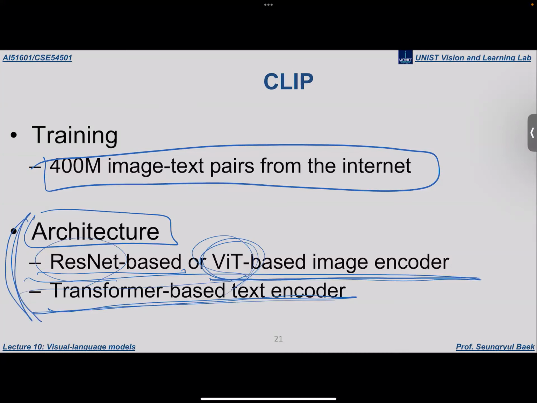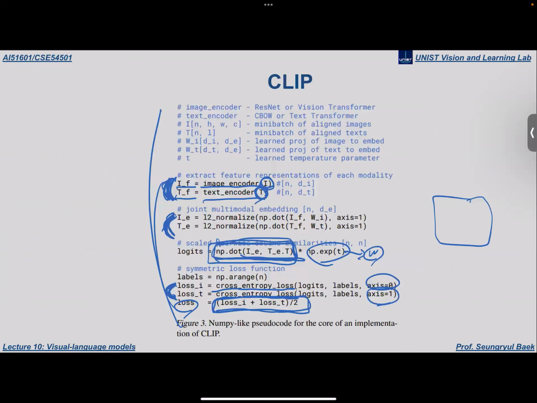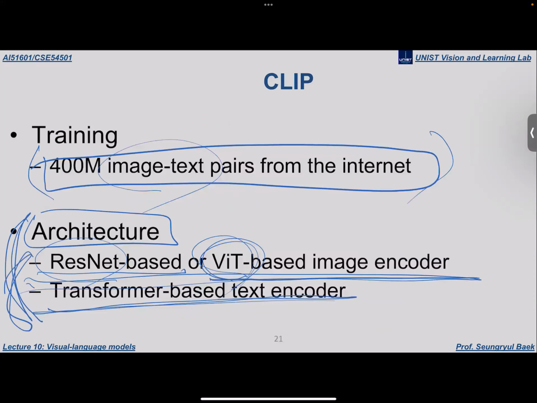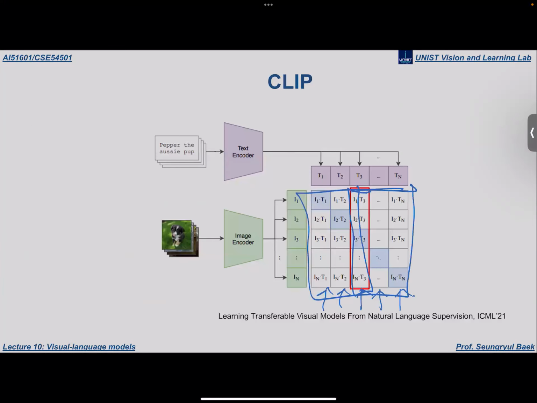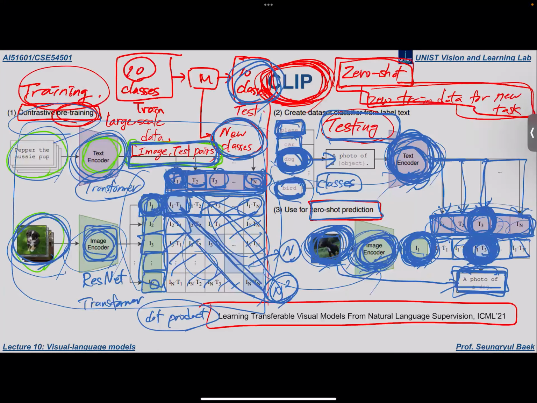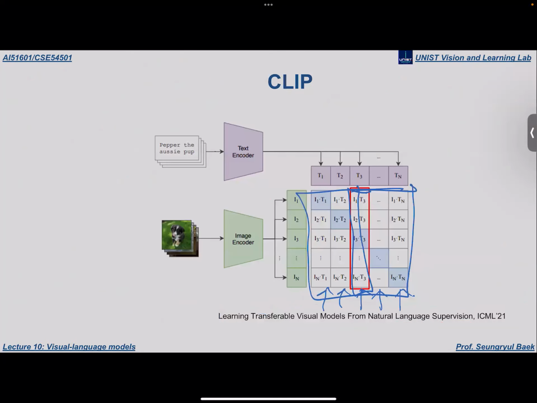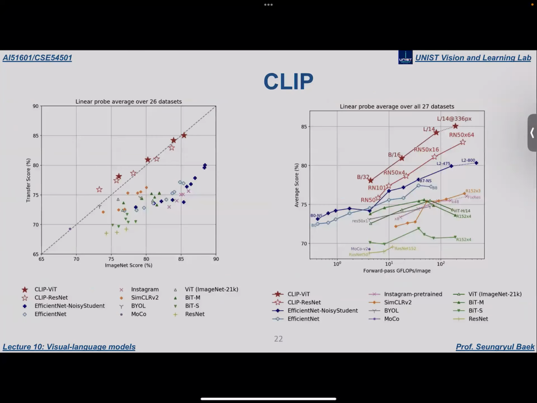Using this architecture, collecting a large amount of image and text pairs and doing this kind of training, they train the architectures, and they can do testing for zero-shot applications using this method, okay? That's CLIP.